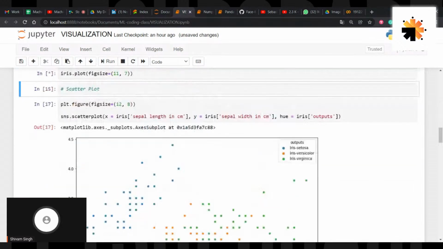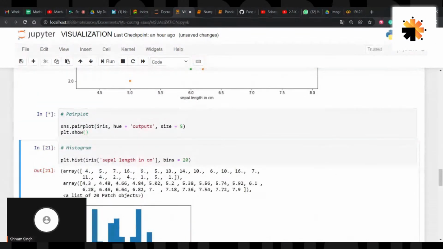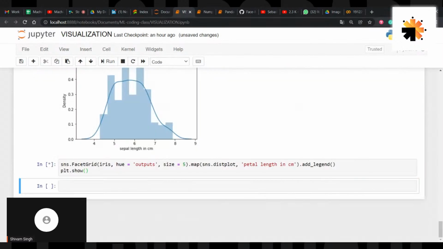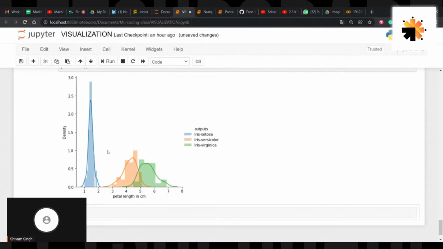So this time we didn't get any warning, and now I'm getting my plot without any warning.